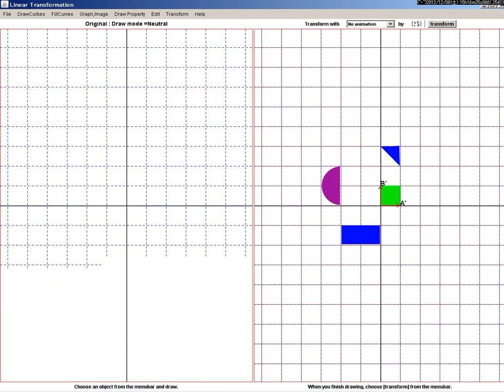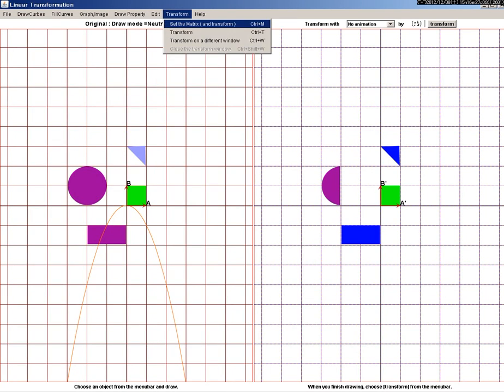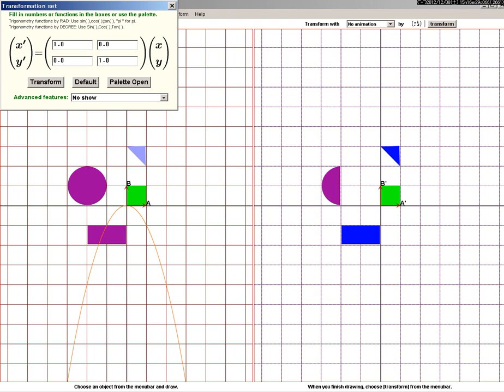And finish editing. So let's change the object. So there is no change, obviously, because the 1, 0 vector moves to 1, 0, and the 0, 1 vector moves to 0, 1. So there is no change.